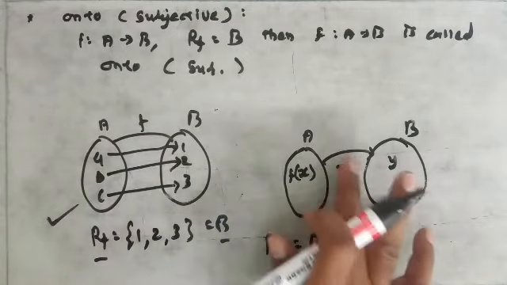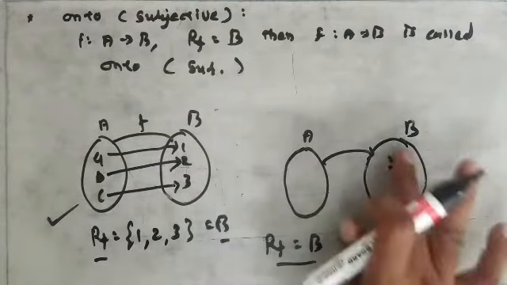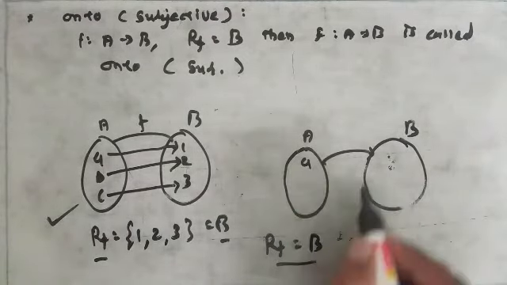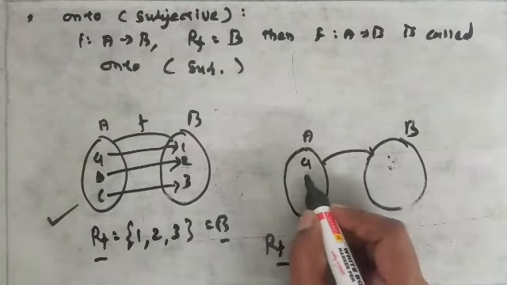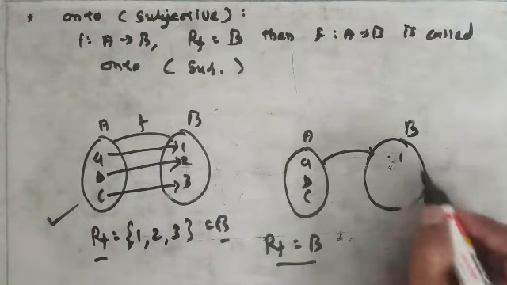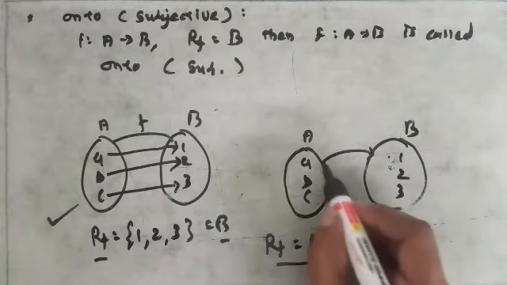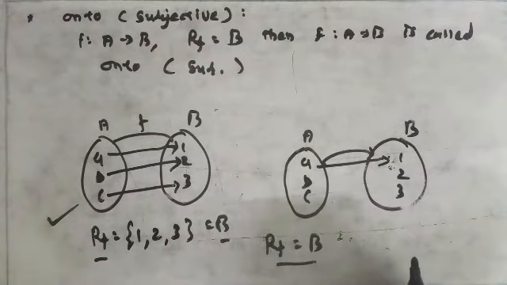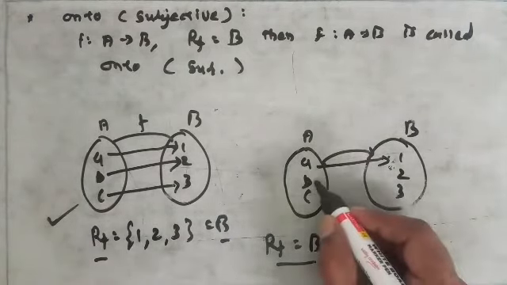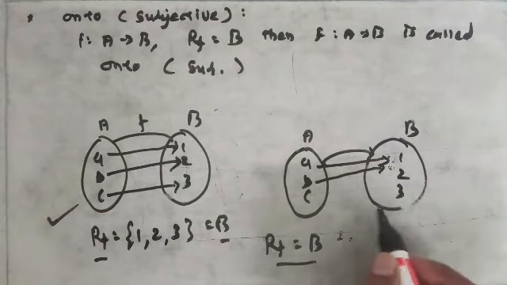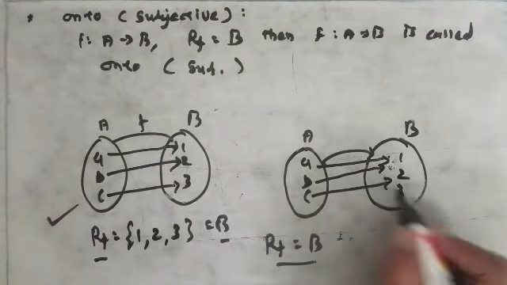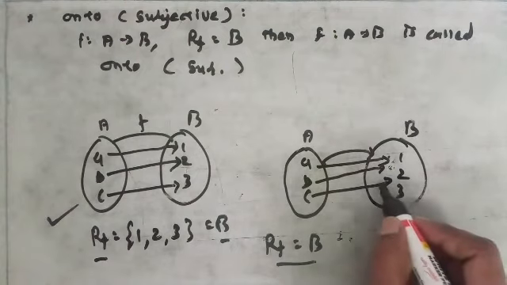Now second, if we take set A is equal to {a, b, c} and B is {1, 2, 3}, here a is associated with 1, b with 1 and c with 2.